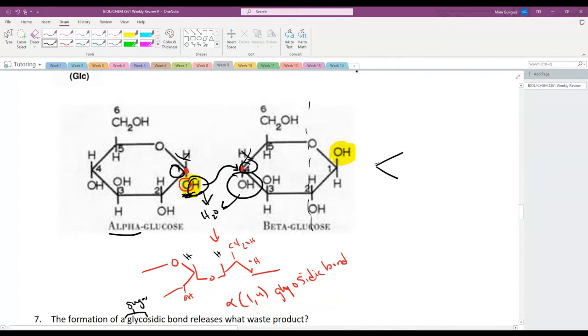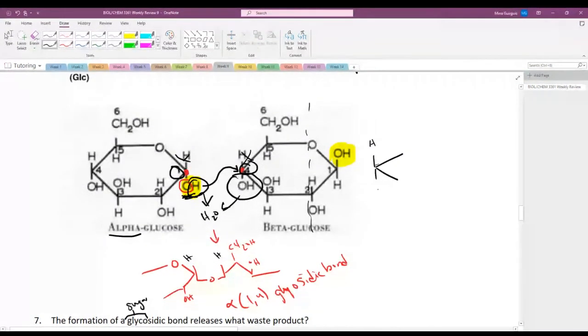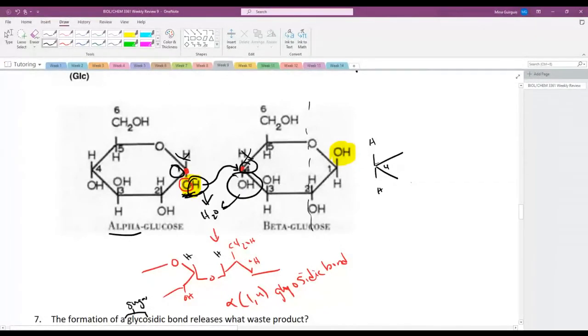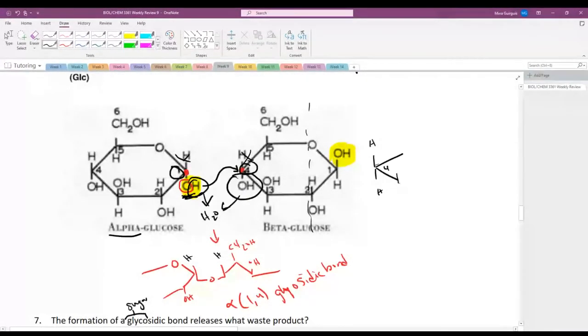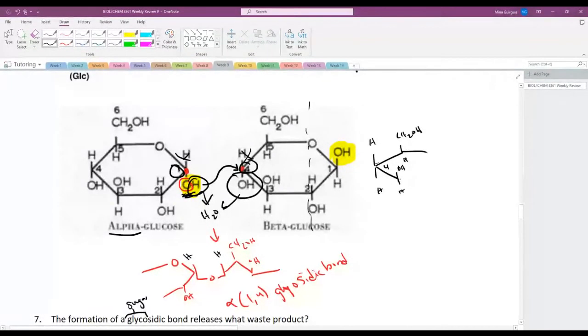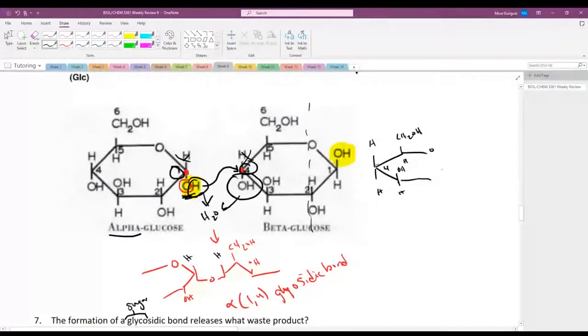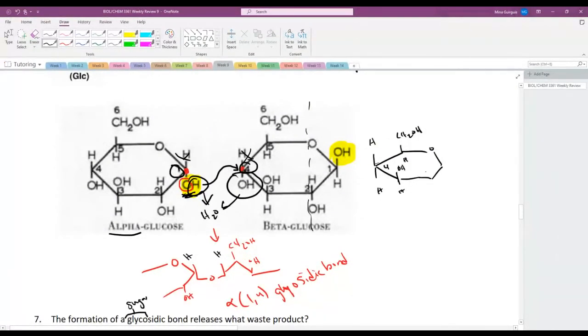And this is going to be literally the exact same as what we see for carbon number 4. This one is going to have OH, this one is going to have H, CH2OH, and then it goes on, that's an oxygen, and that goes like that. And I don't really care to fill the rest of this in. You guys know they're there. Okay, so what I didn't do is I dropped the oxygen there, right?